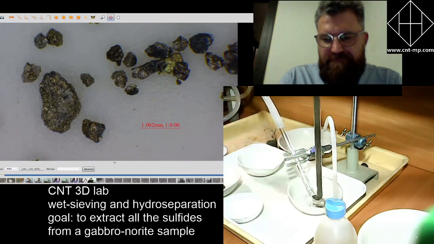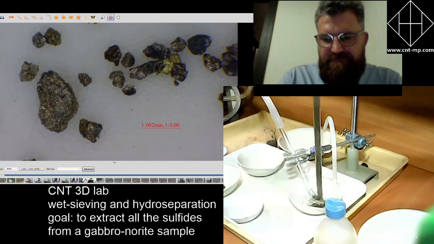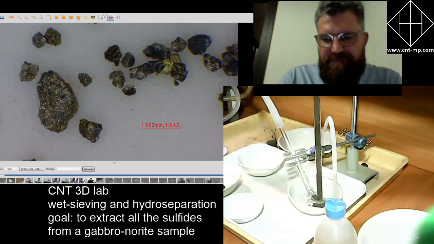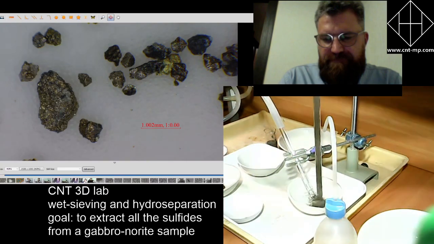So this is just the coarse grain fraction. Whenever we'll be doing the final size fraction, there will be many more grains, and actually the final concentrates will all be just sulfide concentrates. So far we haven't had enough time to make it and show it to you, but later on, at the next stage, on the next webinar, you will see very nice concentrates that will then be made into separate products for research, like monolayer polished sections.